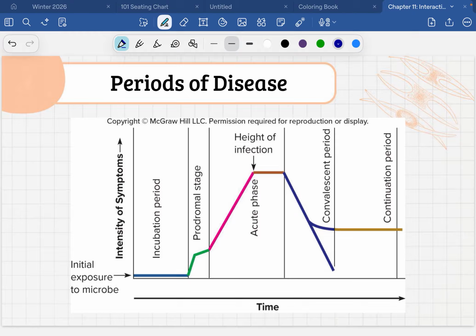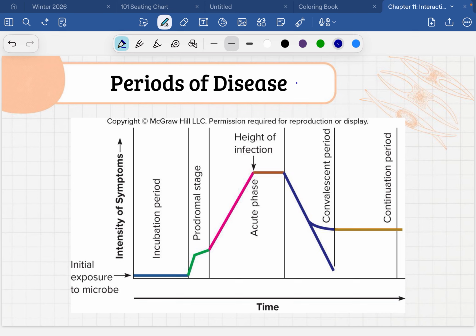Now we kind of want to shift and look at this in terms of what is happening inside of a human body. So that is what this is. This is a disease progression as it's broken down into 5 stages. And this is just kind of a generic look at what happens in a human being when they are infected with some type of microbe.